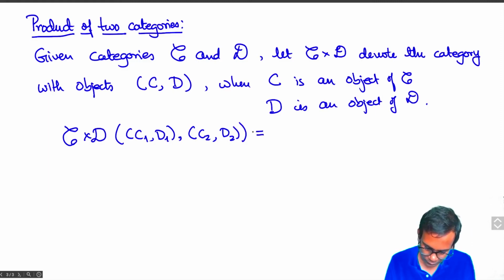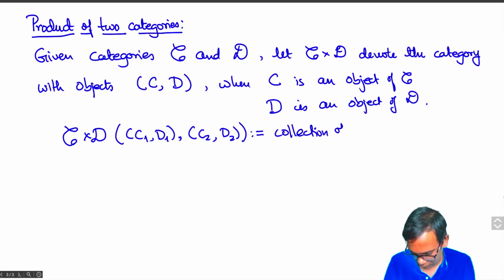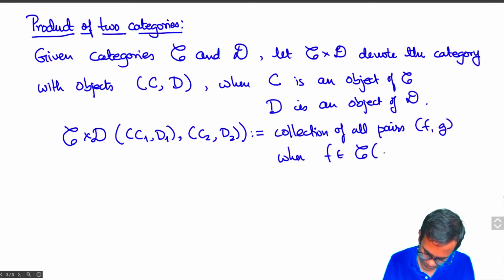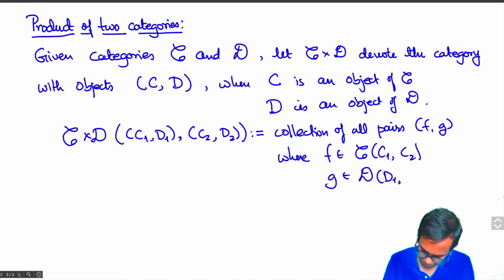And the arrows are defined to be just pairs of arrows, the collection of all pairs (F, G), where F is an arrow in C from C1 to C2 and G is an arrow in D from D1 to D2.